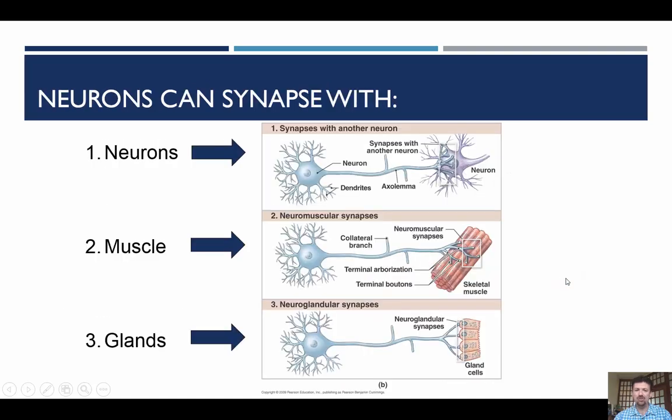Okay. And neurons eventually talk to other neurons, muscles, or glands. And this is going to be very, very important because we're going to talk about the communication of neurons in a little while. And they can talk to other neurons, muscles, or glands, all of which are important in allowing the body to function.